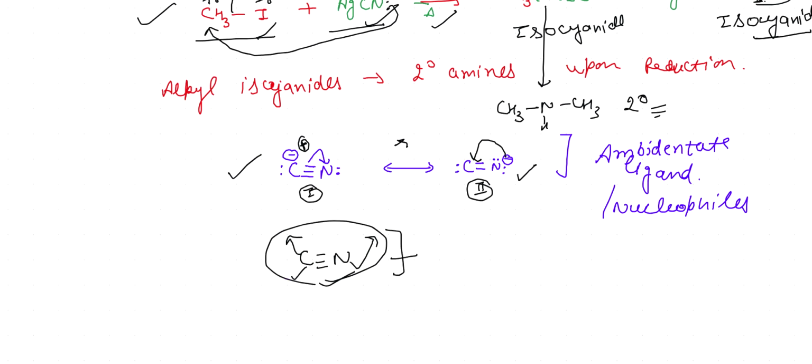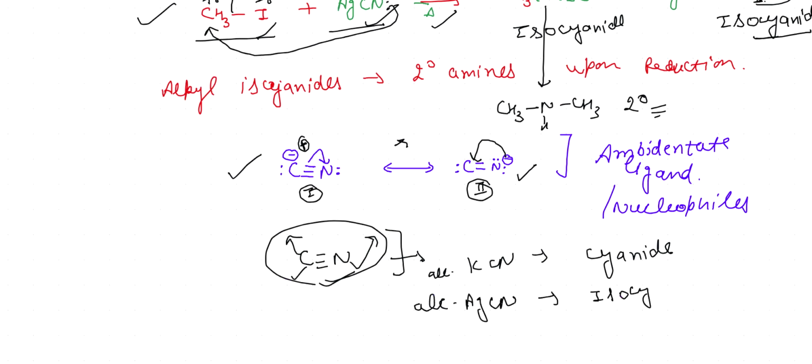So in summary, the alcoholic KCN gives the cyanide as the major product, and the alcoholic AgCN furnishes isocyanides as the major product.